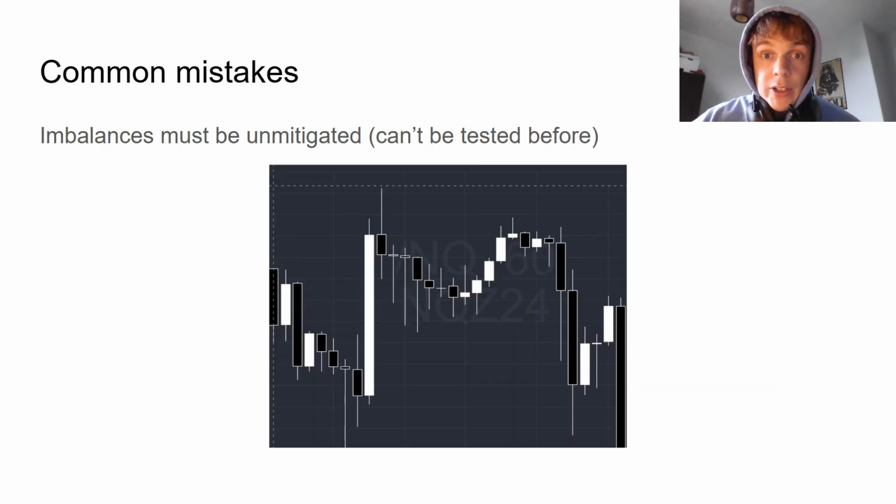So common mistakes that I see are that imbalances must be unmitigated, so they can't be tested before. As you can see here, we have an imbalancement created, but there are 1, 2, 3, 4, 5, 6, 7, 8, like 9 candles that are all inside of this imbalancement before we see any kind of movement up, but it doesn't break past any of these highs, and crashes back down again.